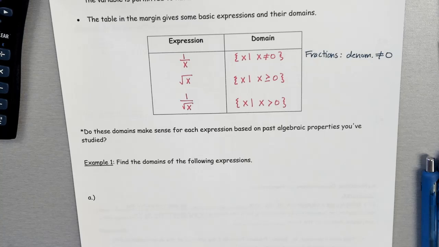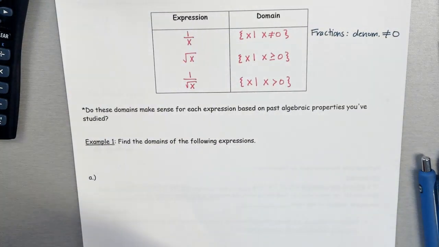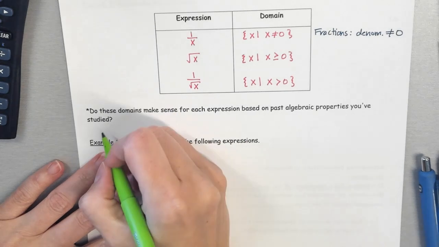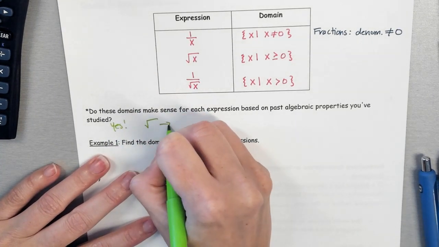Okay, so I just asked if these domains make sense for each expression based on past algebraic properties that we've studied. Yes. Okay, and again, it's because you can't take the even root.